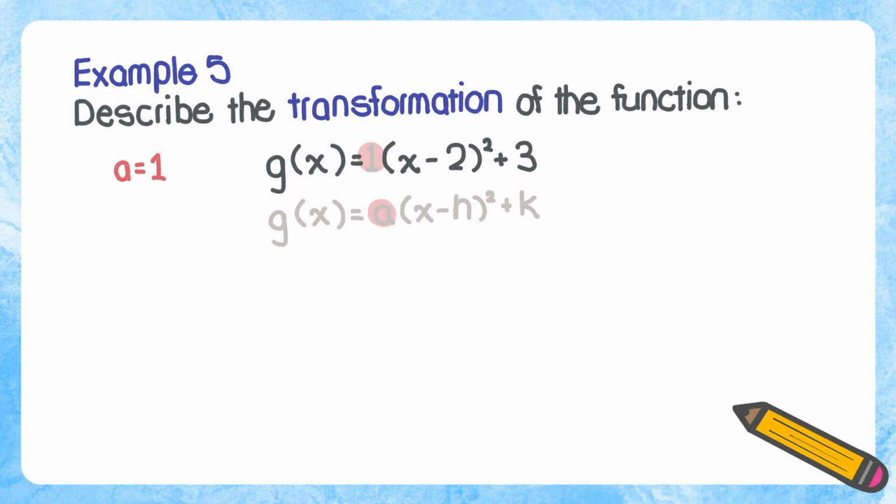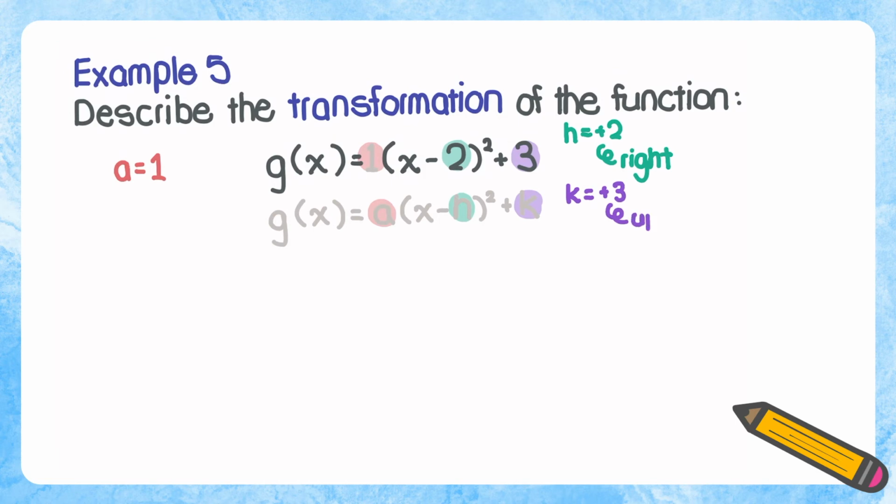There's no vertical dilation. And then our h is replaced by 2. So h equals positive 2. We'll be moving to the right. And k is replaced by 3. So k equals positive 3.